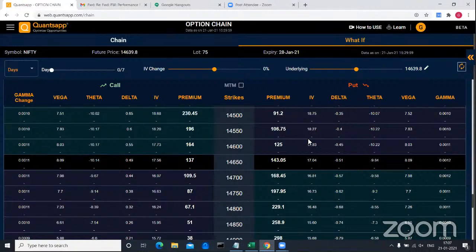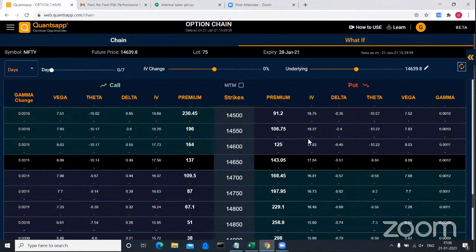So in options, volatility comes as a very important point, depending on whether you are buying an option or selling an option. When you are buying an option, you always want your implied volatility to increase, but when you are selling an option, you are looking for the volatility to decrease.